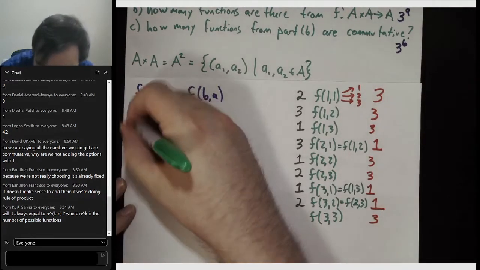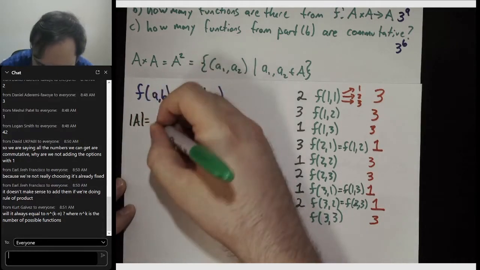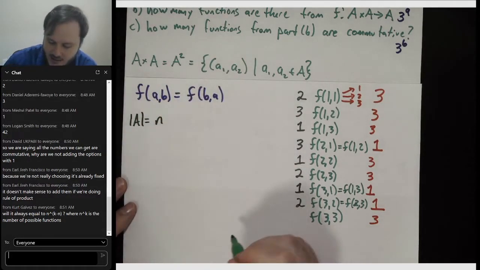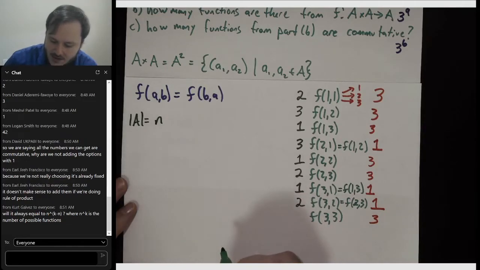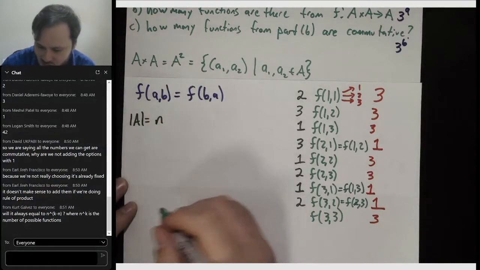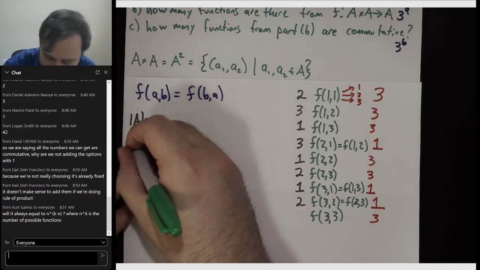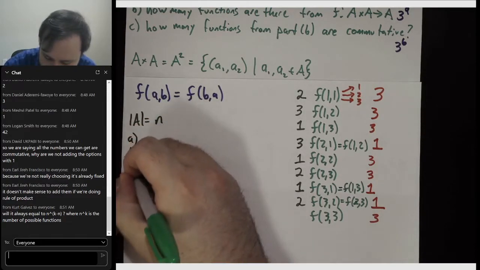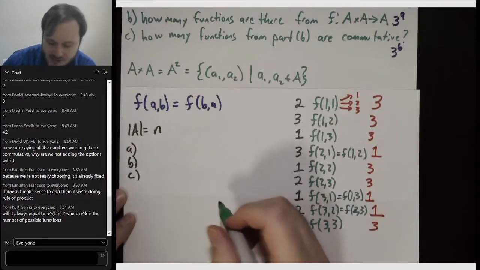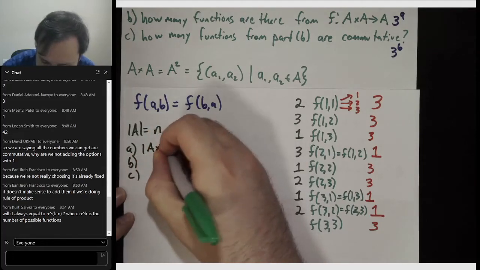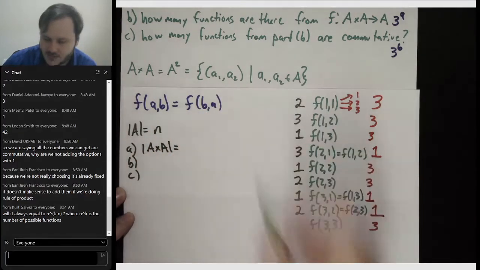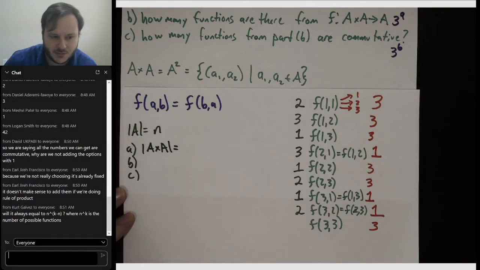If the size of A is equal to n, we could ask the same series of questions. What is the size of A cross A? This one's relatively straightforward.